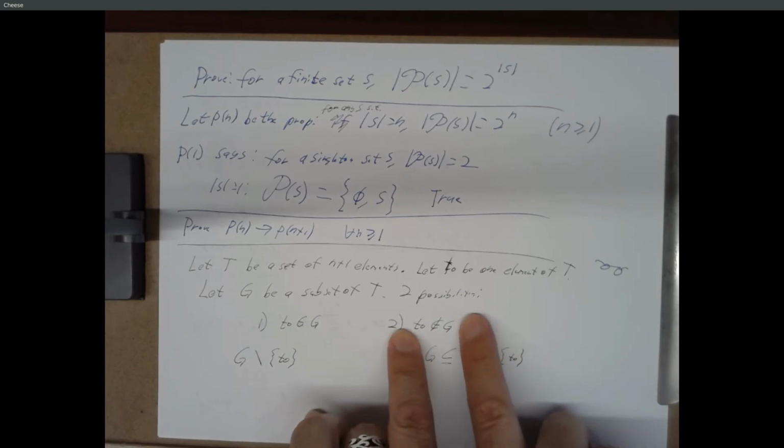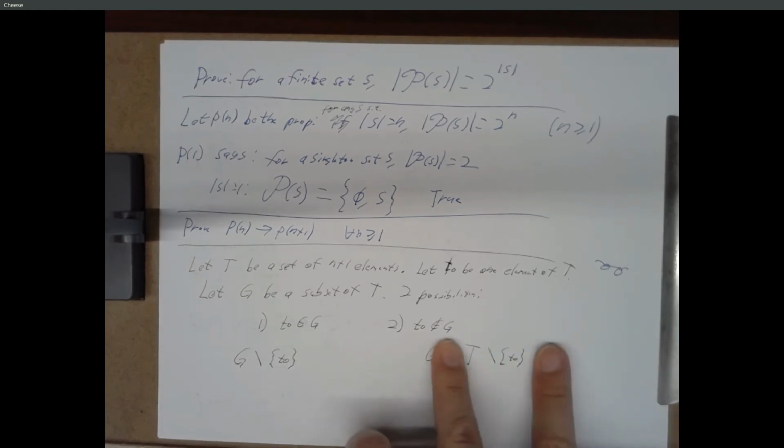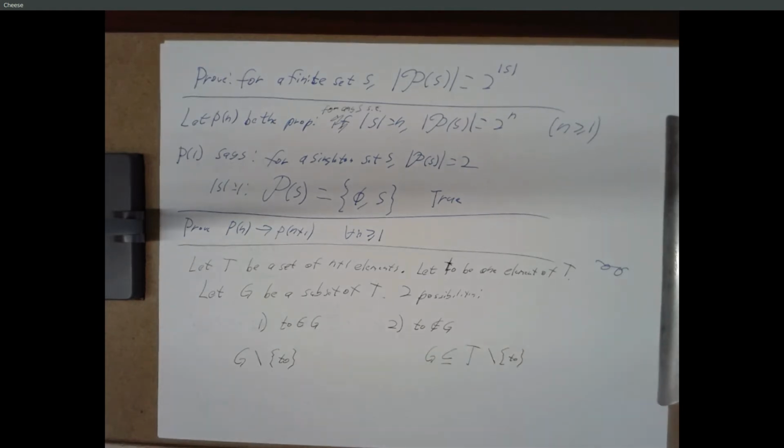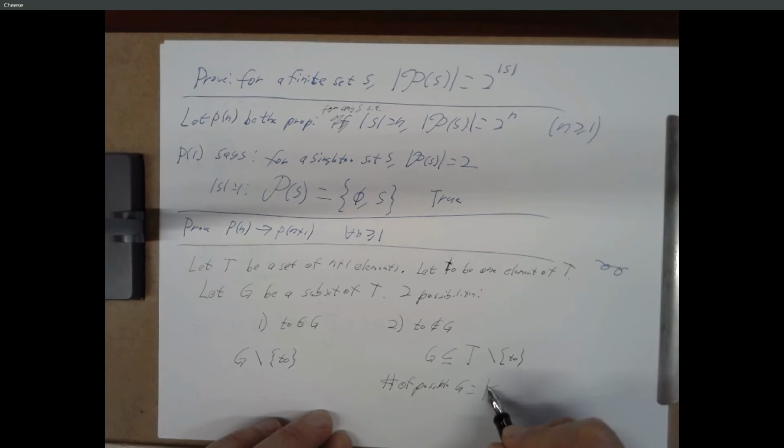And any subset that doesn't contain T0 is a subset of our original set T without T0. So the number of subsets in case 2 is the same as the number of subsets of this set. So the number of possible G's is the same as the cardinality of the power set of T take away T0.